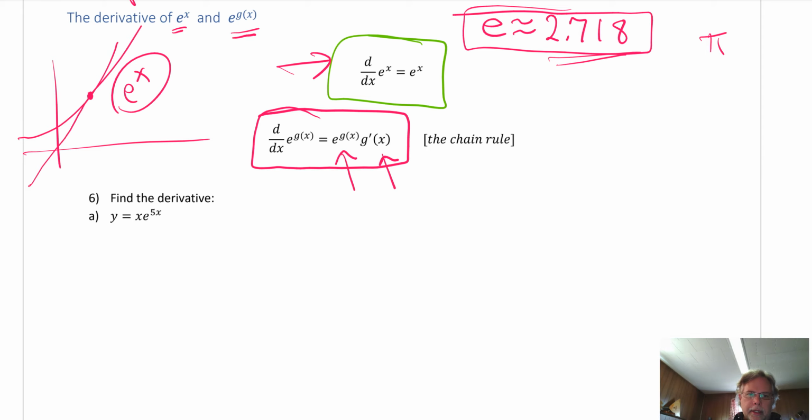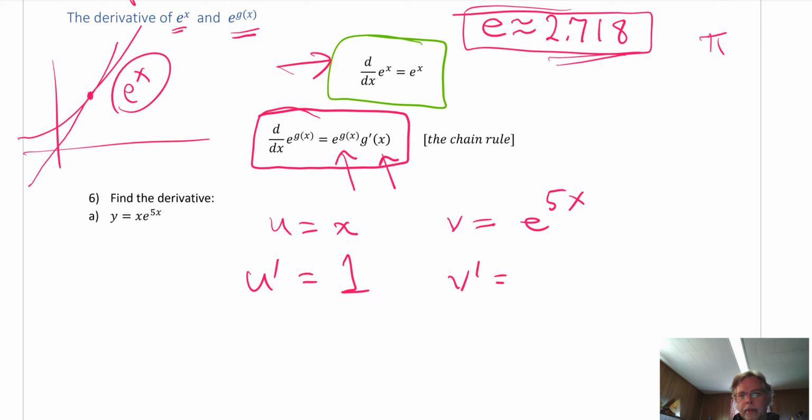We'll also need the product rule, because here we have u equals x and v equals e to the 5x. So u prime is equal to 1, and v prime, here's our thing, this rule up here, this formula. So g of x at this moment in this problem is 5 times x. So g prime of x is 5.